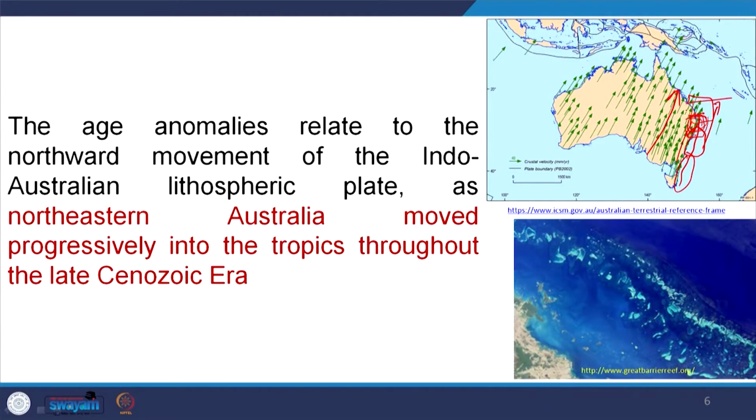More and more of the area comes under the tropics, and coral reefs get developed. That is why there is a great age anomaly from the northern to the southern part.